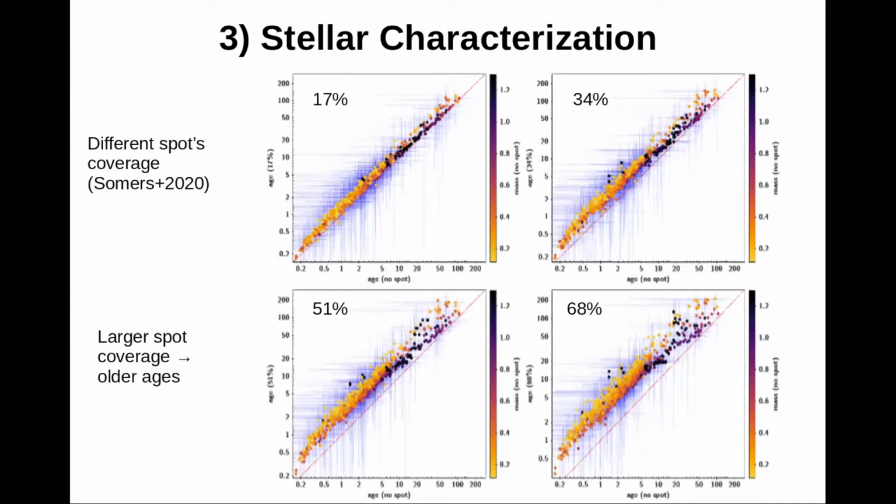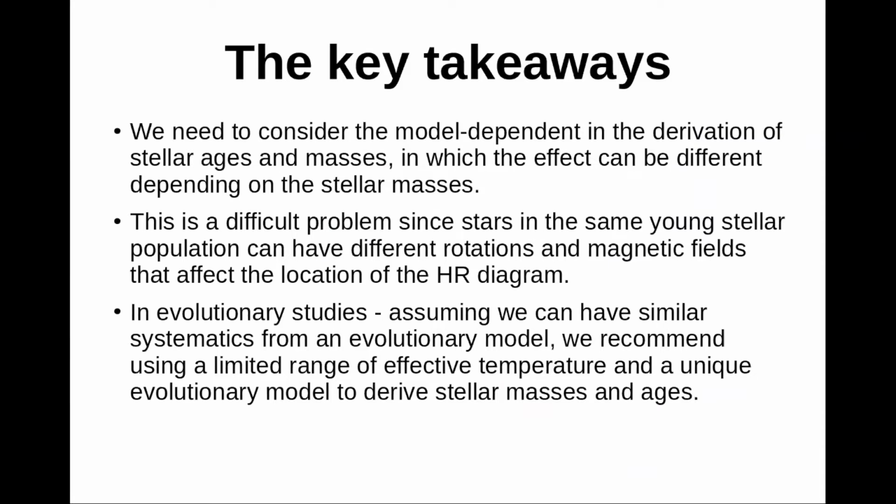Okay, so the key takeaway here is that we need to consider the model dependence in the derivation of stellar ages and masses, in which the effect can be different depending on the stellar masses. This is a difficult problem since stars in the same young stellar population can have different rotations and magnetic fields that affect the location on the HR diagram.